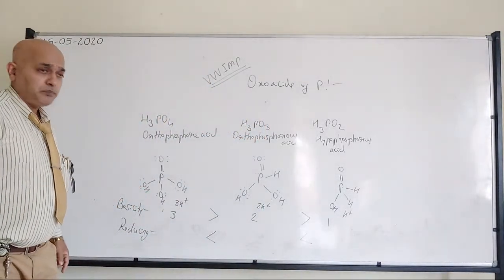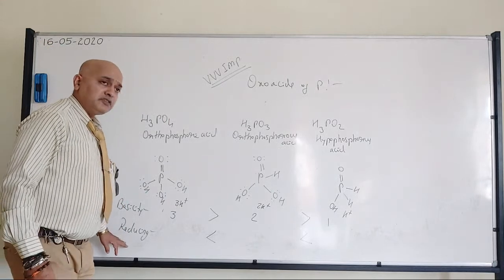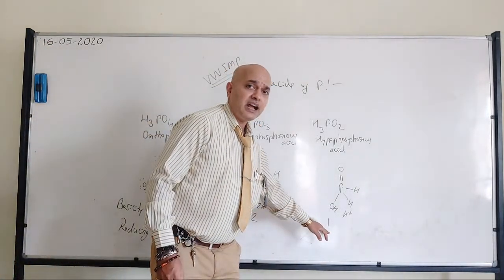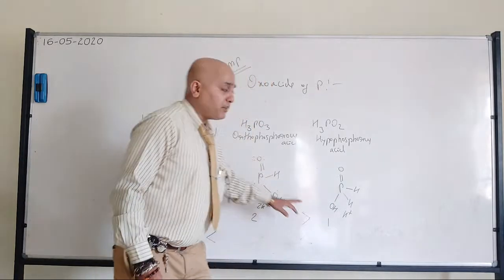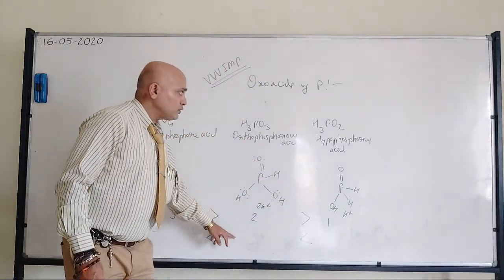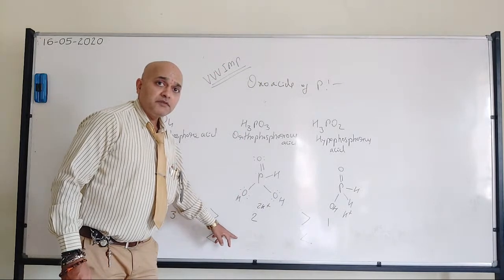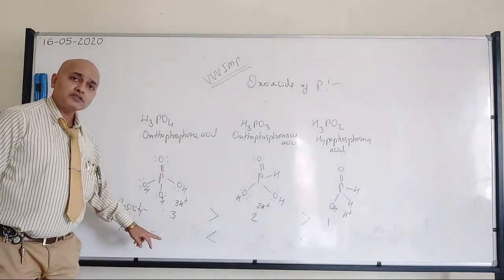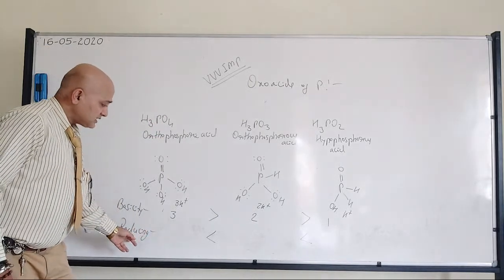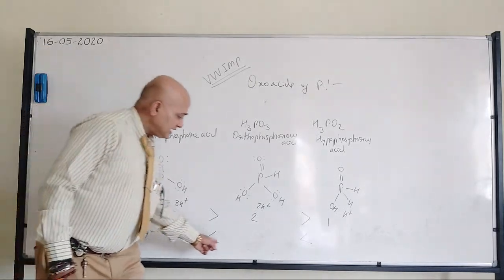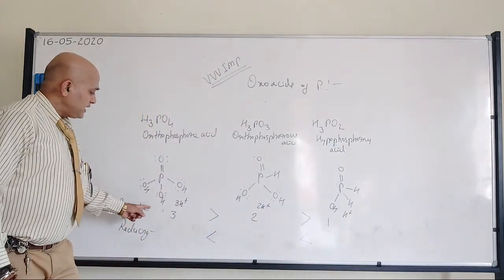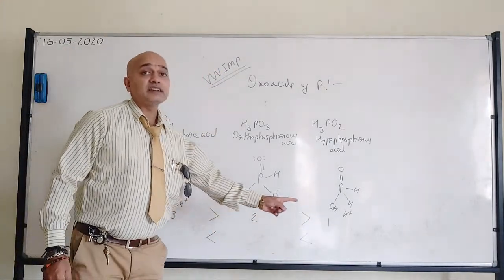Once again I will repeat. Hypophosphorus acid has the highest reducing property compared to orthophosphorus acid, which has higher reducing property compared to orthophosphoric acid. Therefore, reducing property is increasing in order, and basicity is decreasing in order.